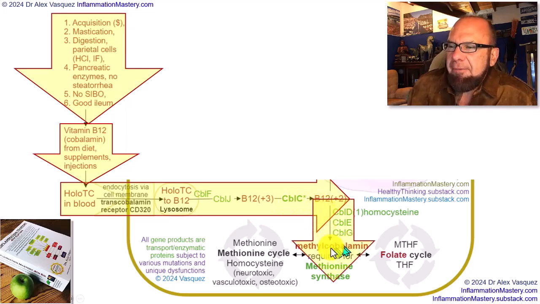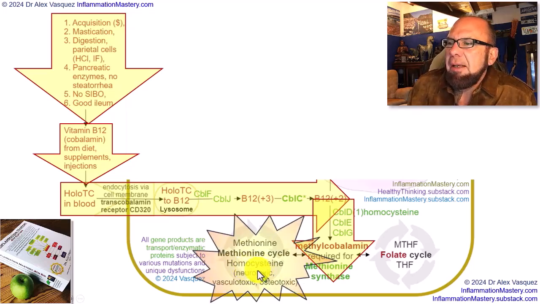The first route that I've indicated here is the conversion to methylcobalamin, which is required for the enzyme methionine synthase, which plays a part in the folate cycle, but also, of course, plays a part in the methionine cycle, because our goal is to get rid of or recycle homocysteine. So homocysteine, as you should know, is neurotoxic, vasculotoxic, and osteotoxic.